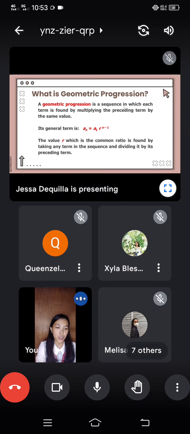The value of r, the common ratio, is found by taking any term in the sequence and dividing it by its preceding term. For example, the second term divided by its preceding term, which is the first term, gives the common ratio. Did you understand, class?